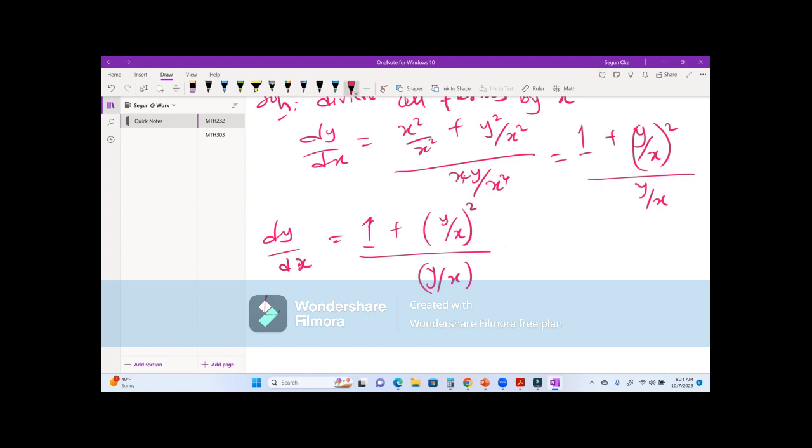our step 2 now, we said let y equals vx, right? Then v equals y over x, just to reduce them, and dy/dx equals x dv/dx plus v.